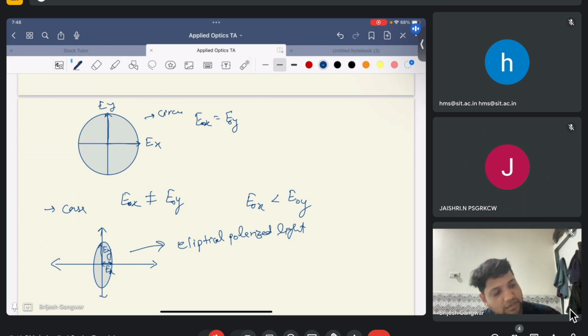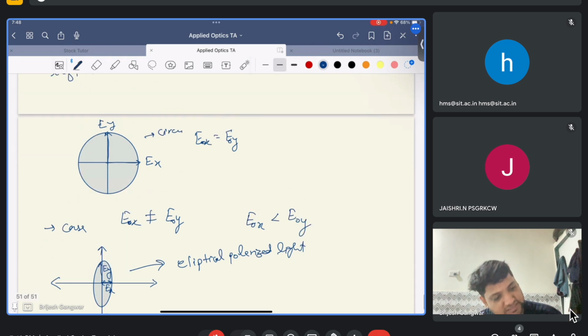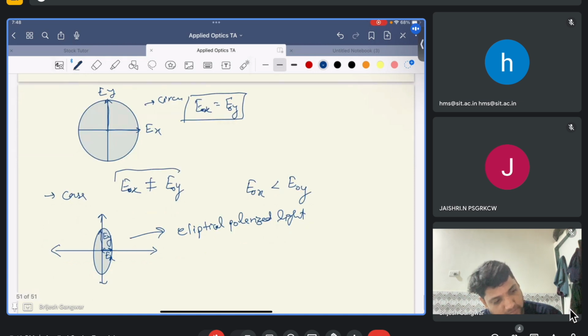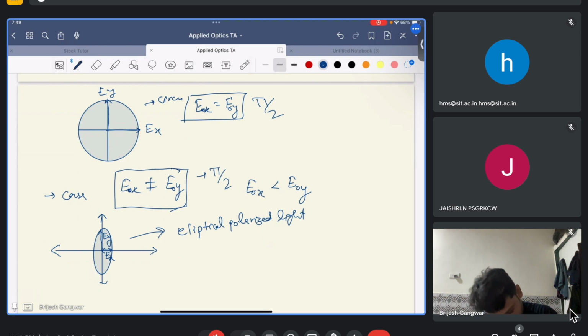So circularly polarized light or elliptical polarized light, the only difference is that in circularly polarized light we have equal amplitude of both waves. In this case we have non-equal amplitudes of both the waves combining, but the phase difference will be pi by 2, because pi by 2 is here also. If the phase difference is pi, then again this will be only linear polarized light. Okay, pi or 2 pi.